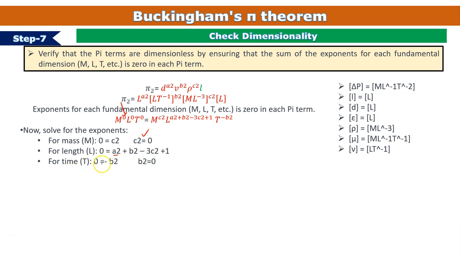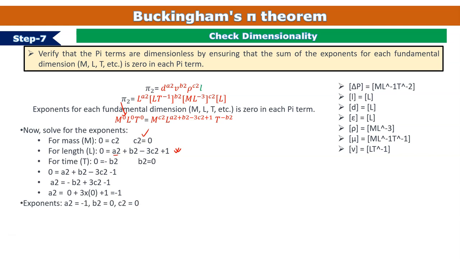But for time, 0 is equal to minus b2, so b2 is 0. Now if we plug c2 and b2 in that equation, we get 0 is equal to a2 plus b2 minus 3c2 plus 1. So from here a2 will be minus b2 plus 3c2 minus 1. If we plug in the b2 and c2 values, a2 will be minus 1, b2 is 0 and c2 is 0.